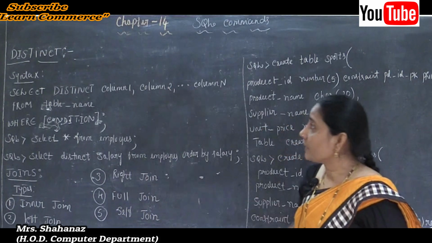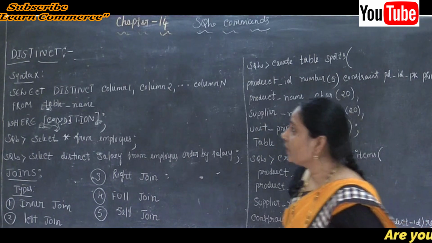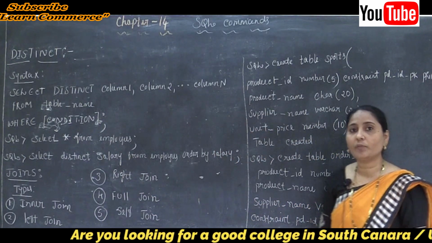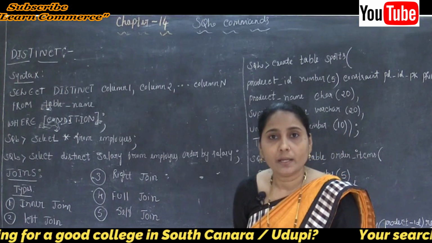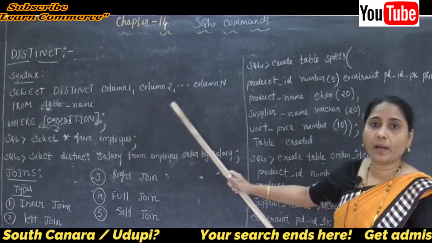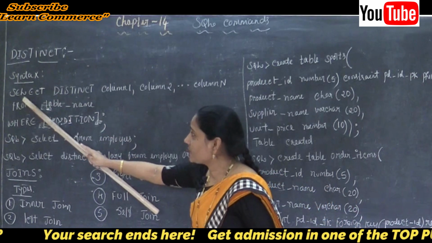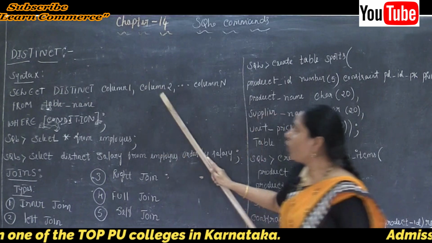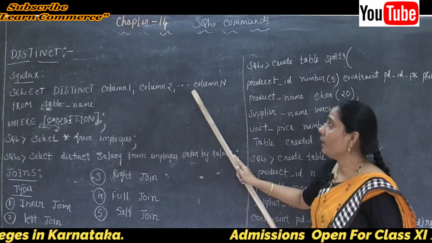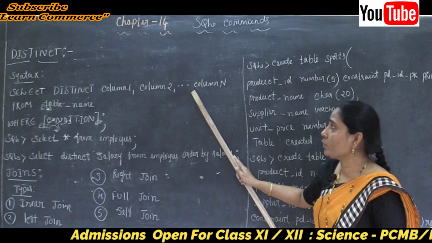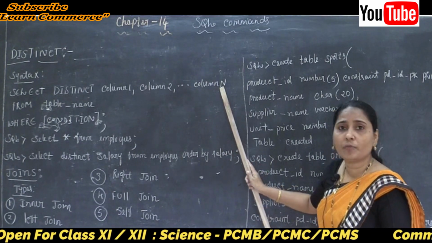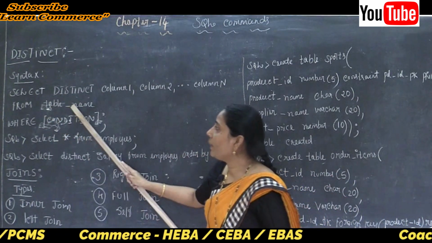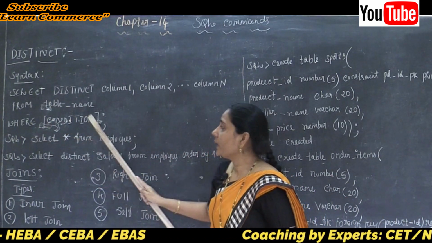So, the syntax of DISTINCT, and what is its use? The basic syntax of DISTINCT is to eliminate duplicate records from a table. The syntax is SELECT DISTINCT column1, column2, and if many columns are there, we need to use more, up to column n, the last column of the table, FROM table_name WHERE condition.